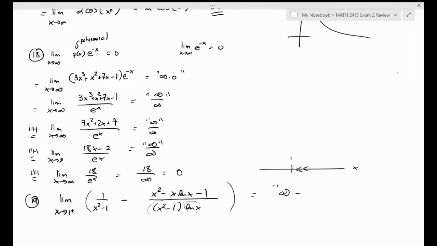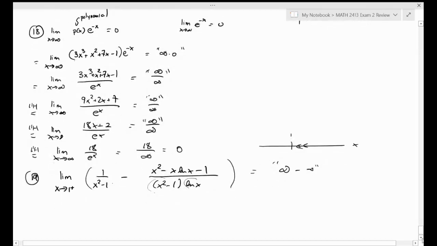You get 0 over 0. Well, okay. It's supposed to be infinity minus infinity, but that's okay. Let's just combine. What would we want to do if we want to use L'Hopital's rule, perhaps? We'll just combine these two fractions by introducing a common denominator. There you go.